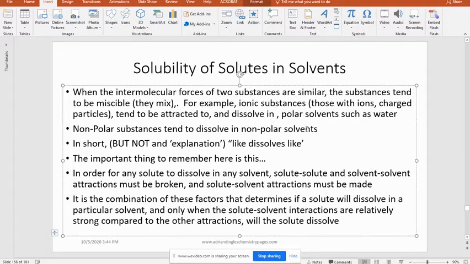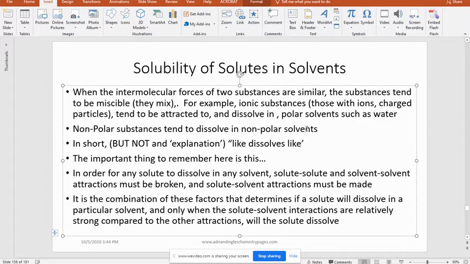In order for any solute to dissolve in a solvent, the solute-solute and solvent-solvent attractions must be broken, and then the solvent-solute attractions have to be made. In this combination of factors that determines whether the solute will dissolve, you have to look at the polarities. If things are polar and they're dealing with ions, it's going to dissolve.